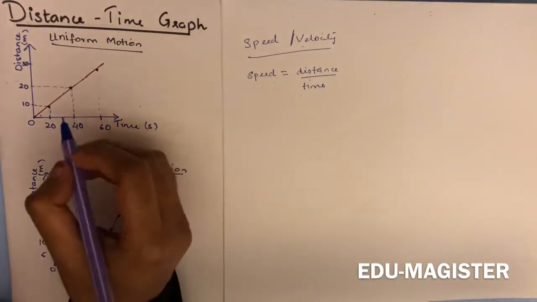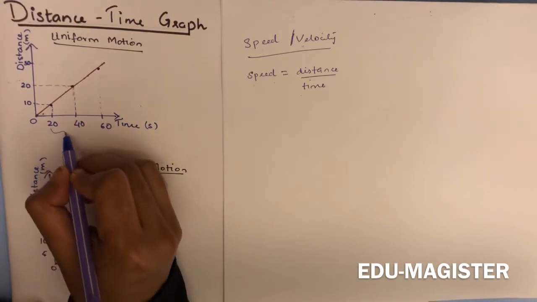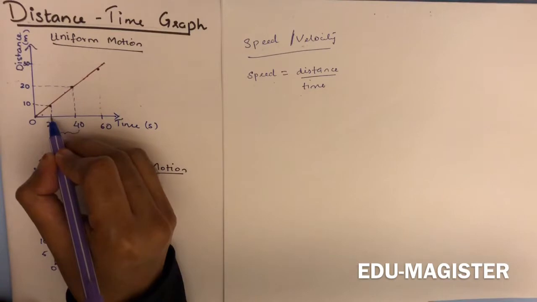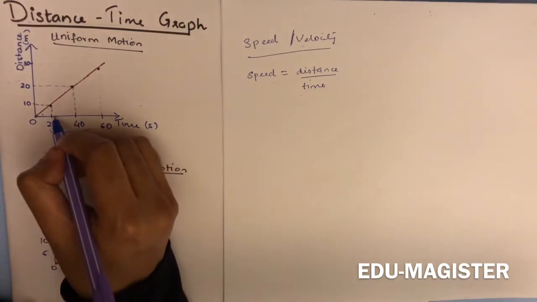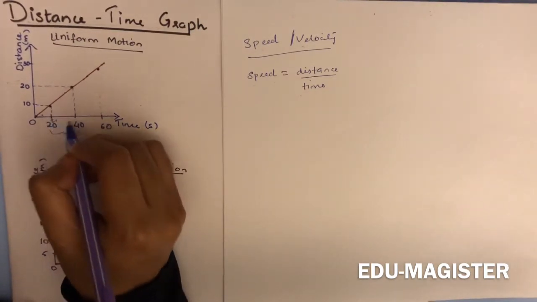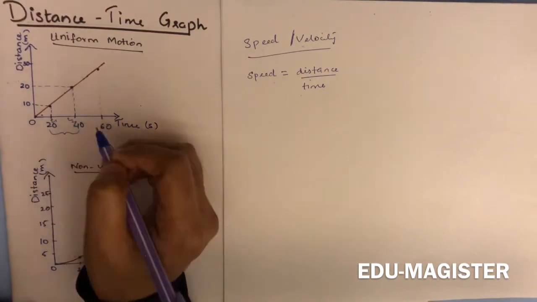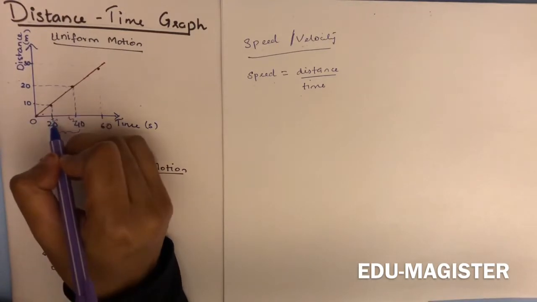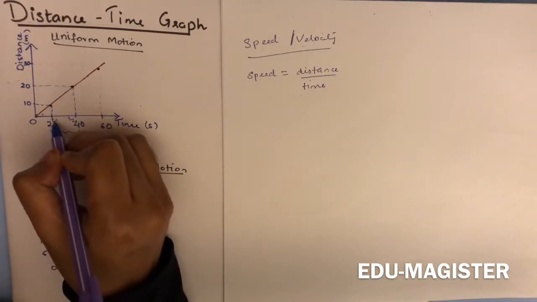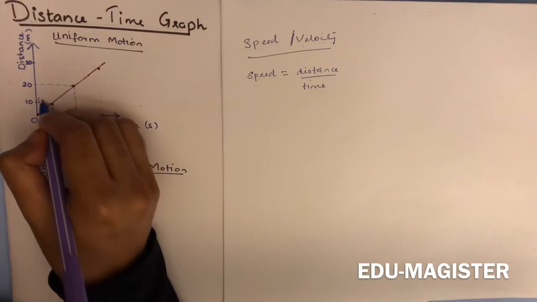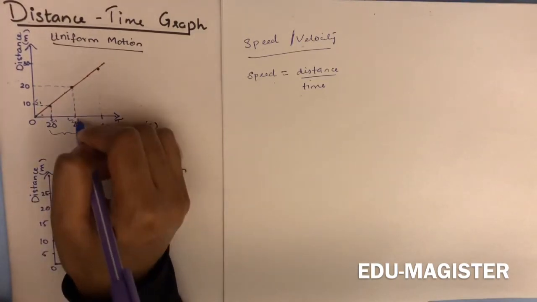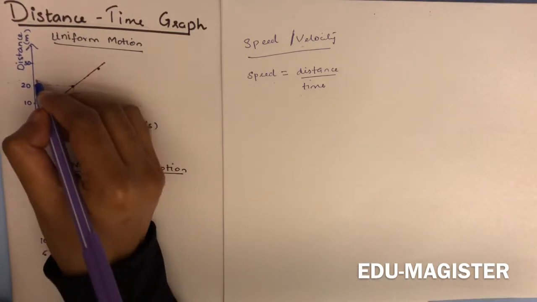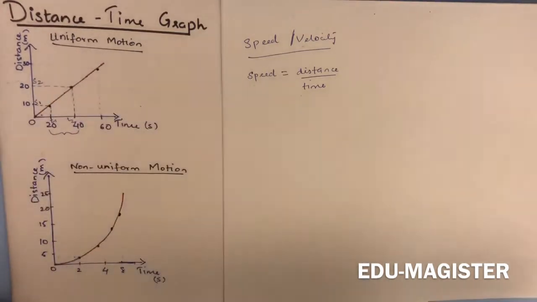Here, let us take this interval, that is between 20 and 40. Let us name this as T1, this as T2. After drawing perpendiculars like this, the distance corresponding to T1 will be S1, that is distance 1, and the distance corresponding to T2 will be S2.